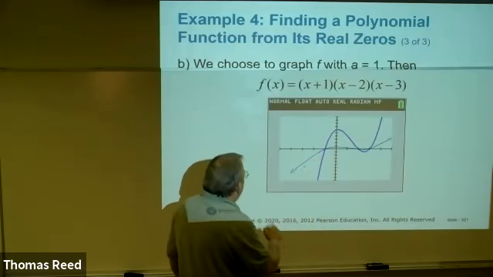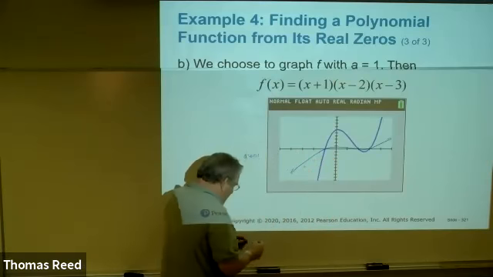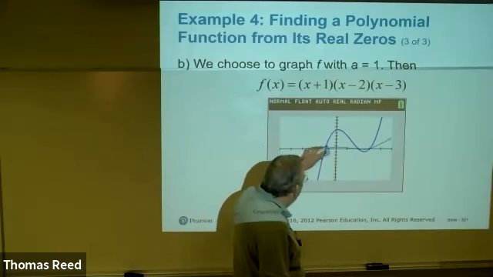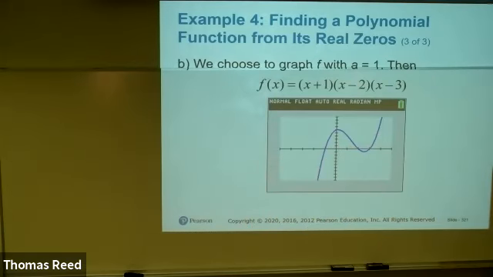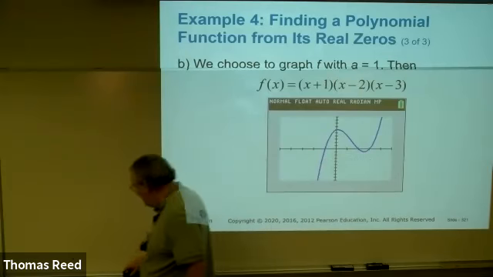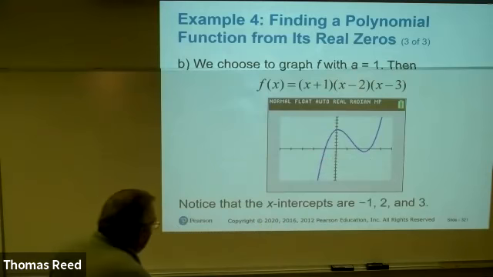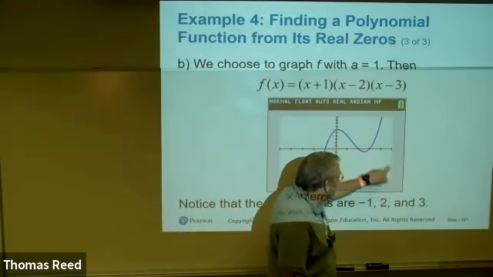So that's A equal to 0.01. So playing around with it, you get some pretty interesting looking curves. And I put it over here. All right. And the x-intercepts will remain -1, 2, and 3.